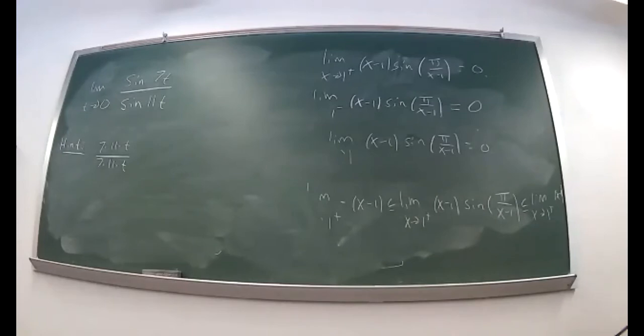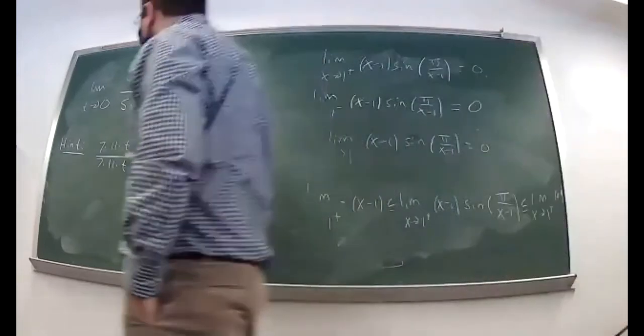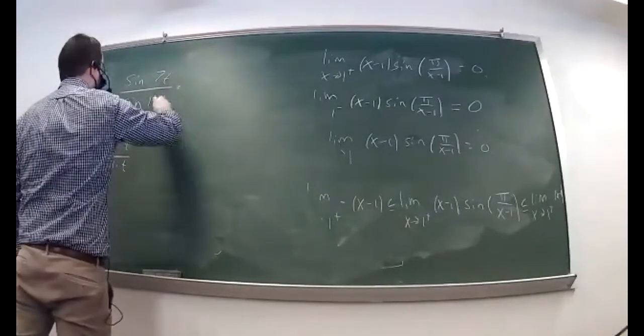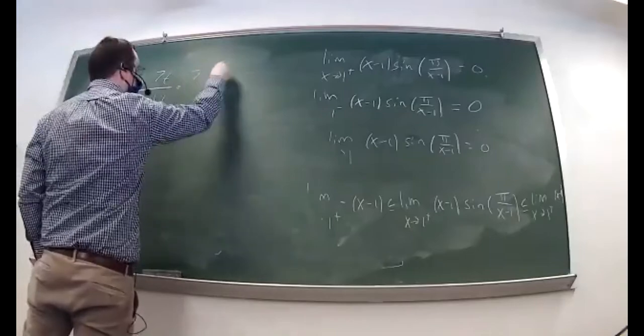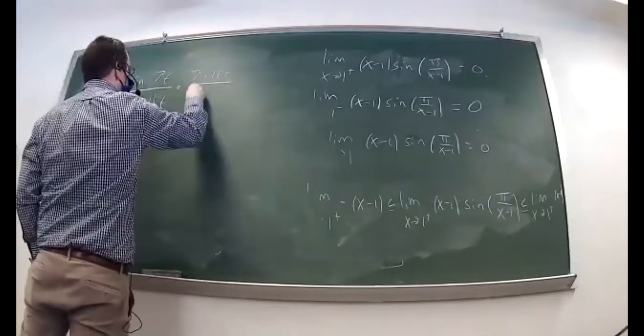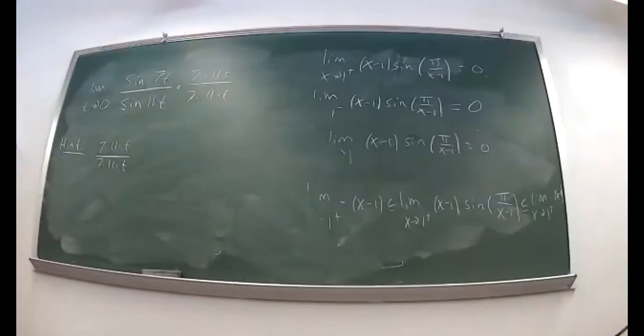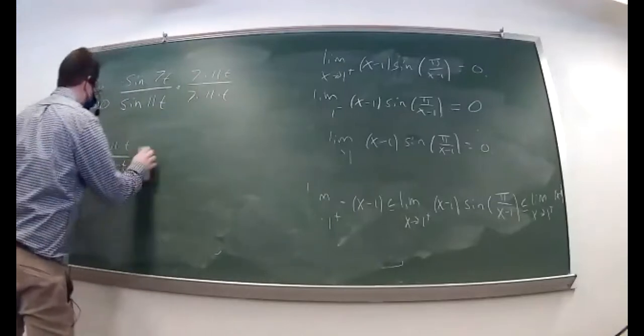After giving you a minute to work and think about it, I'll see if I can complete this in the remaining few minutes. So I'll follow the hint, and I'll multiply numerator and denominator by 7 times 11 times t. So definitely this didn't change the value of the limit because I just multiplied by the number 1.